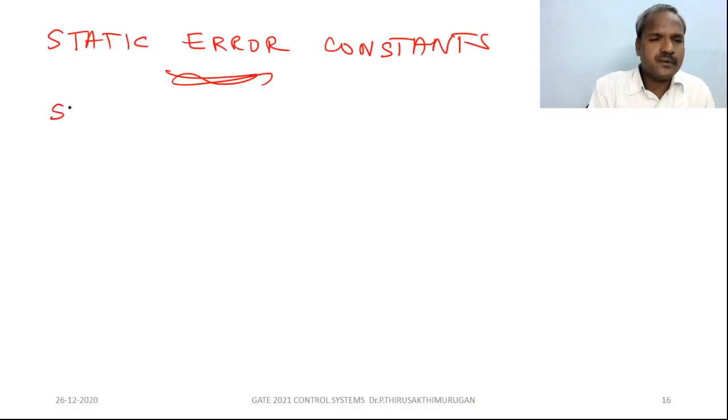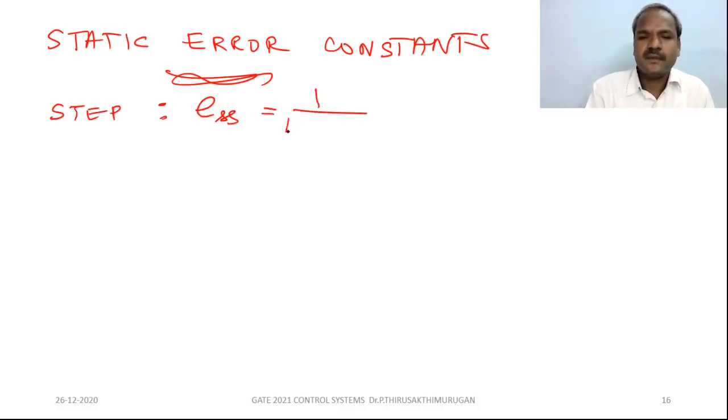For step input, the steady state error equals 1 by 1 plus limit s tends to 0 G of S.